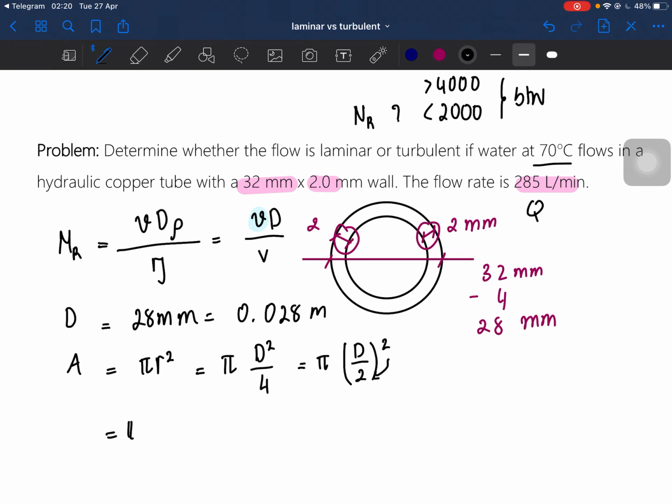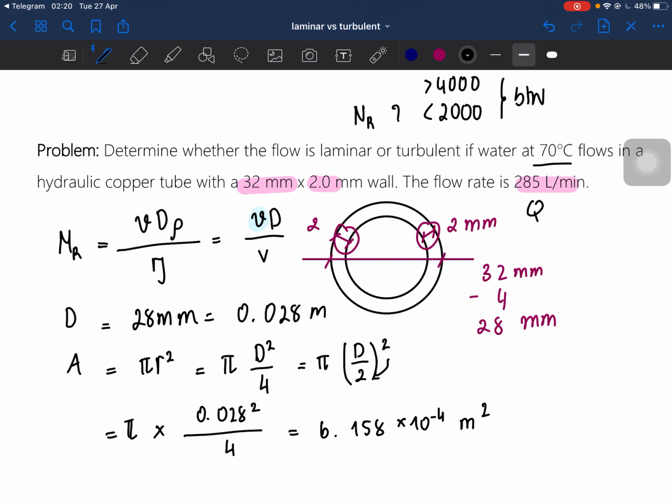So now we have pi times 0.028 squared over 4, and the answer is 6.158 times 10 to the minus 4 m squared, which is area.